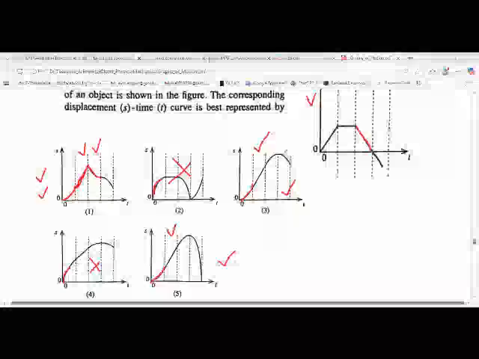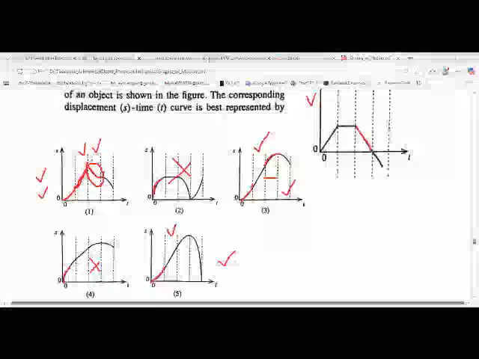Now we consider this time duration. You can see here it is also deceleration. But can you think about this time? This time, we can't accept this because it is coming back.